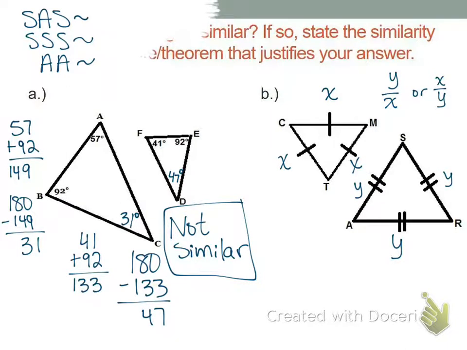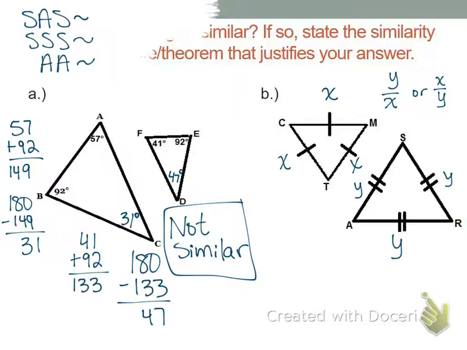It doesn't matter if I take CT and compare it to SR, or take CT and compare it to AR. Any pair of sides I choose is either going to be Y over X or X over Y, depending on which triangle I'm looking at first. Does that make sense? The ratio is always the same.